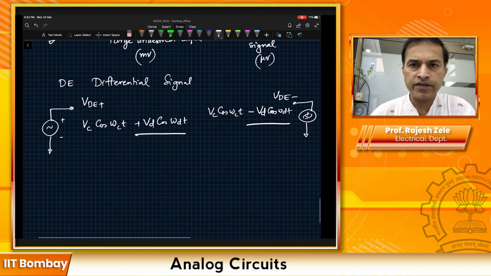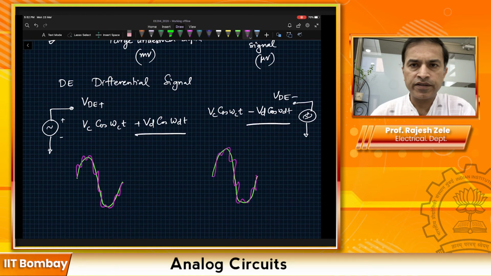When we draw the picture of this, let's look at two different frequencies. So let's say this is my VC, and then on top of that I'm going to draw my VD signal. Here it is going like this, and here it is exactly opposite.